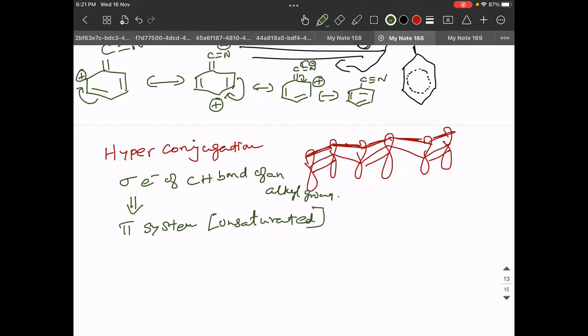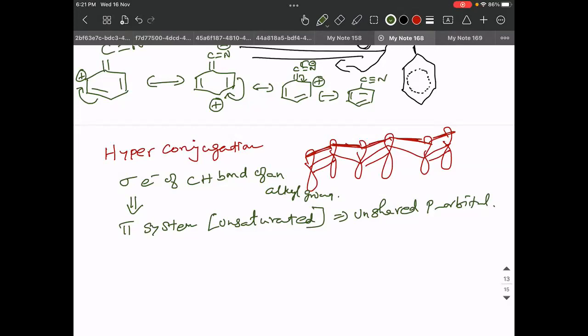Because a pi system or unsaturated system will contain an unused p orbital. So the delocalization of this electron, the sigma electron. So far we have seen the pi electron, no? Here it is the delocalization of the sigma electron of the CH bond of an alkyl group, not an aryl group.